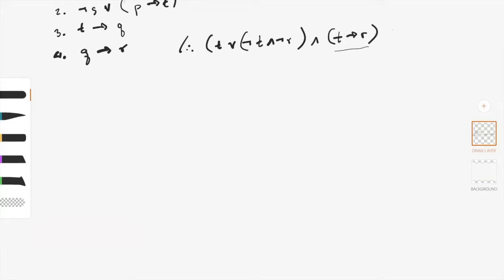The conclusion that we want to derive is this rather complex expression, T or, not T and not R, and T implies R. So let's start with some thoughts about this conclusion.